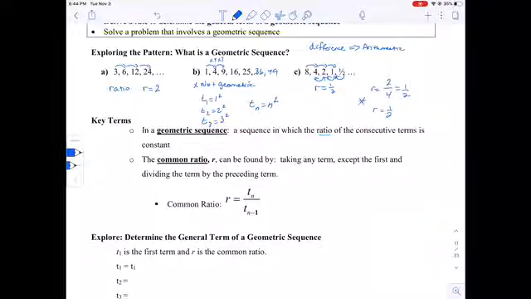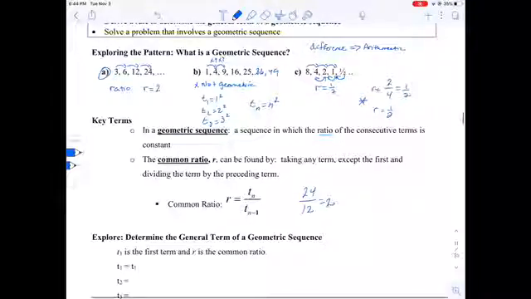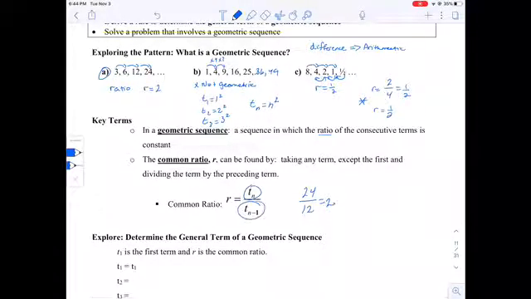That's what I did up here for C. For example, if I took A above, any term like 24 divided by its previous term 12, we get 2. There's our common ratio. Now where does this Tn and Tn minus 1 come from?